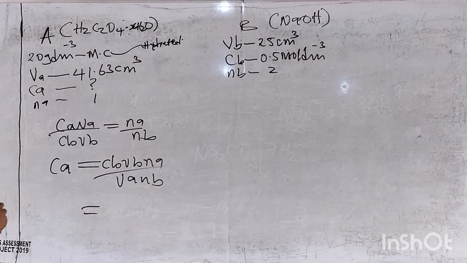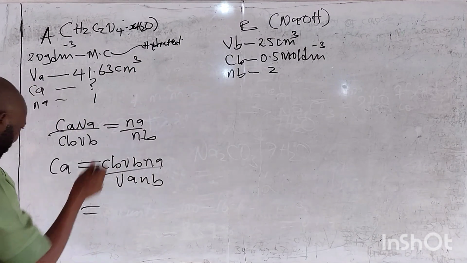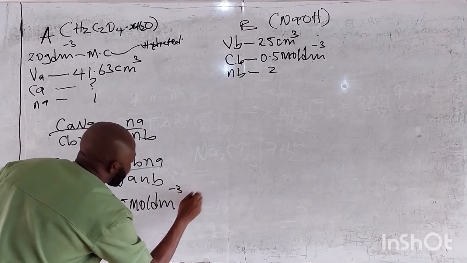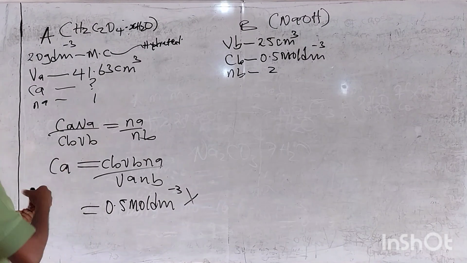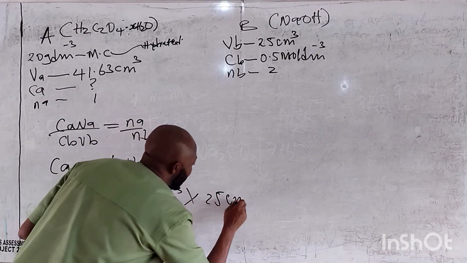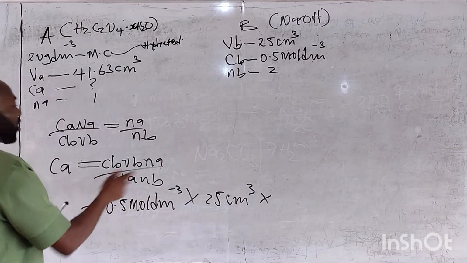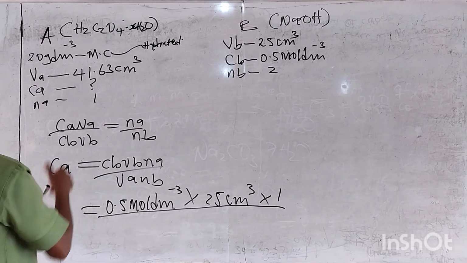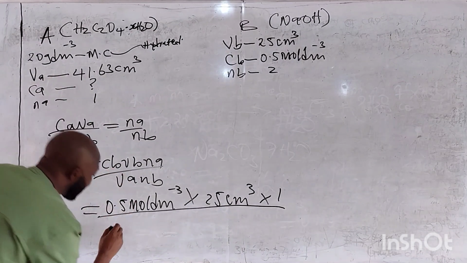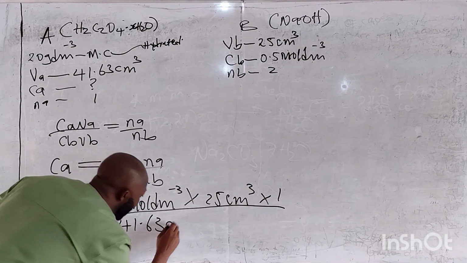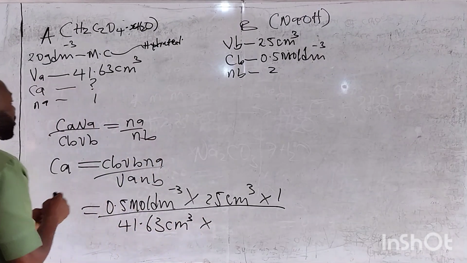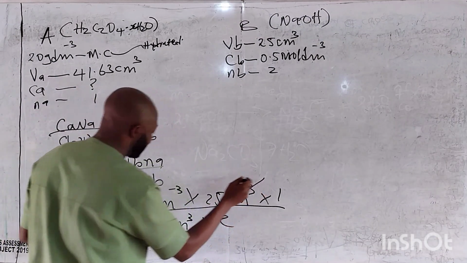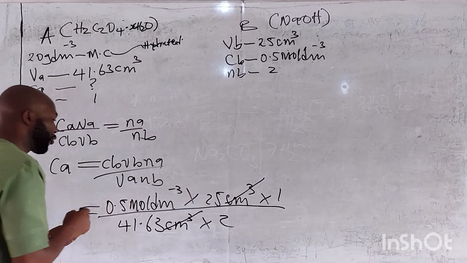Now, my concentration of the base is given to be 0.5 mole per dm³, times the volume of the base, 25 cm³, times the number of moles of the acid, 1, all over the volume of the acid, given to be 41.63 cm³, times the number of moles of the base, NB, which is 2. So when we cancel the cm³, we are left with mole per dm³.